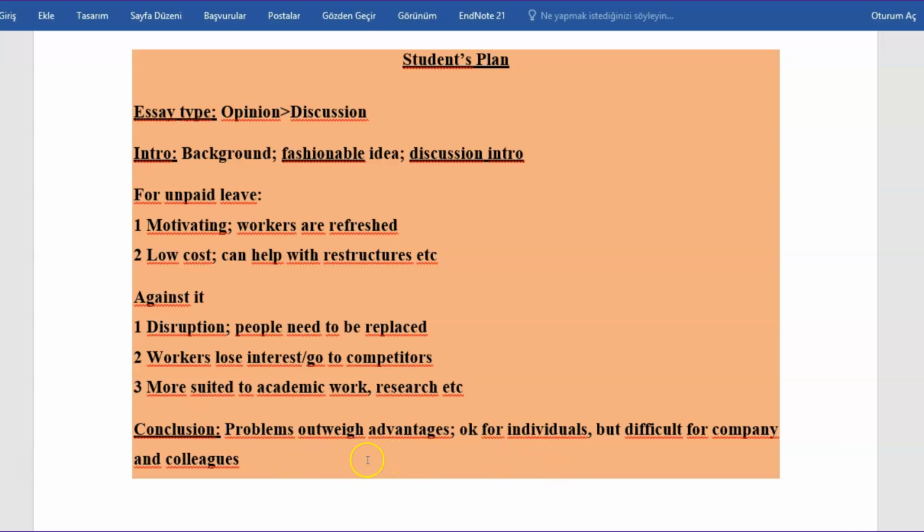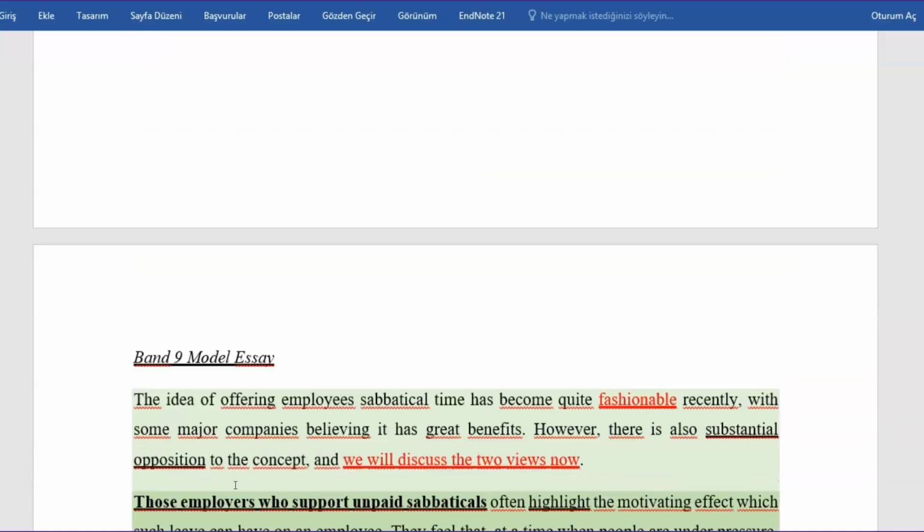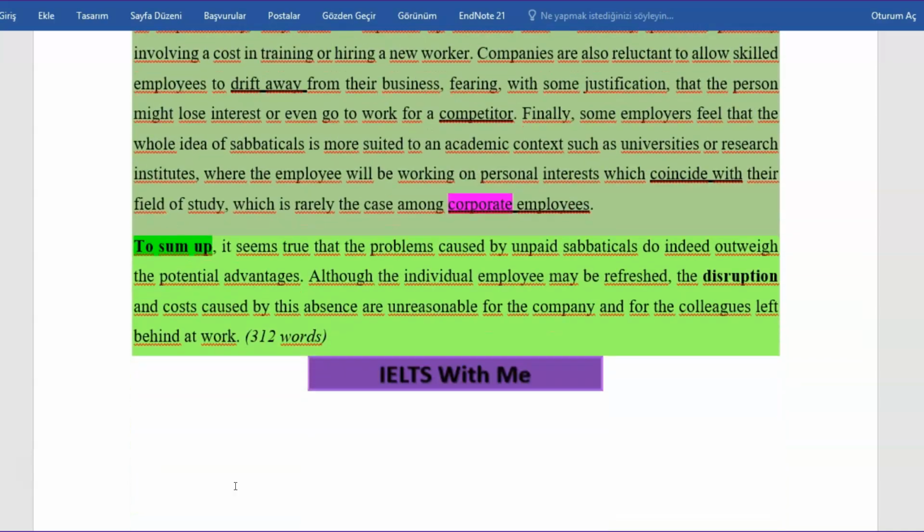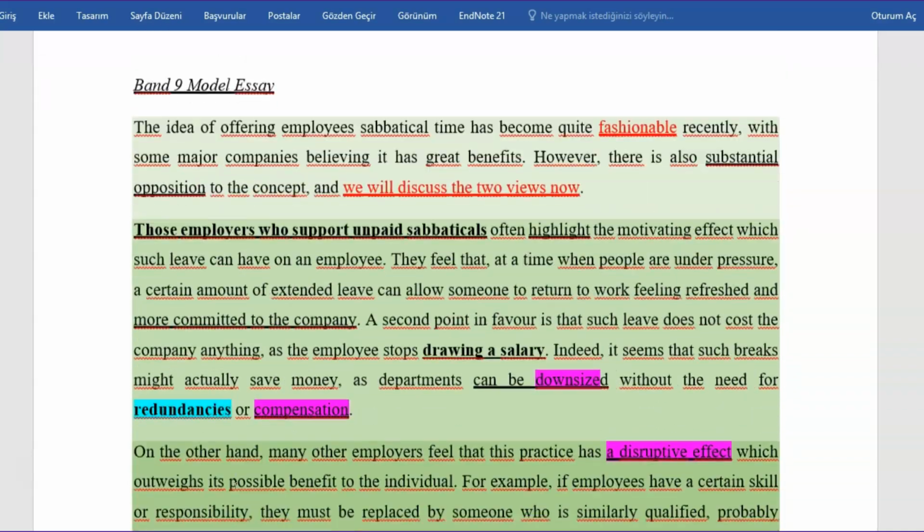Okay, for our ideas, my opinion is this: problems outweigh advantages. It's okay for individuals, but difficult for companies and colleagues. Here we see a Band 9 model essay, and we are going to analyze it in more detail.